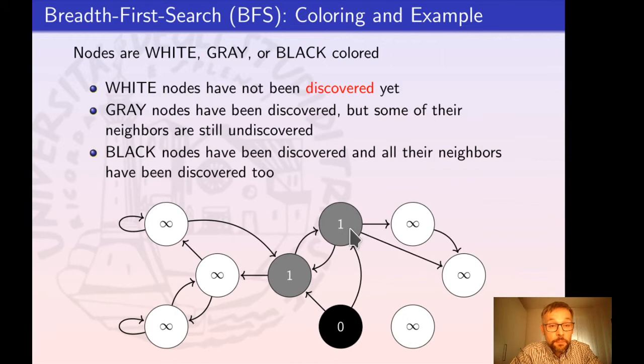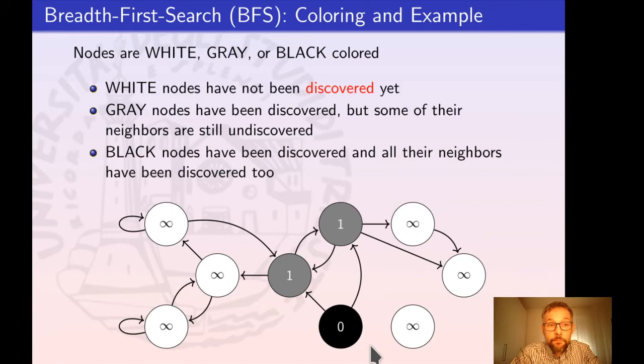As you see, I discovered two new nodes, which are all neighbors of the source of my visit. So this node has no more white neighbors, and then it became black.